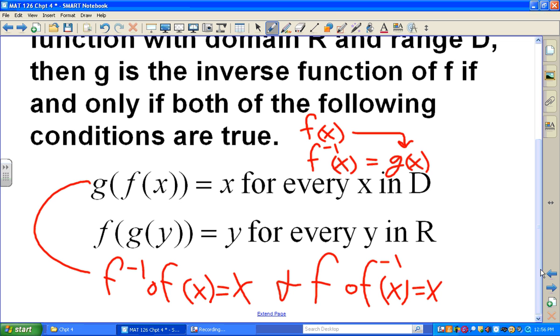Then it's an inverse. Guaranteed. If you have two equations and you're not sure if they're inverses of one another, you do composite arithmetic, and if you come out with x, then it's true. Both directions: one for the inverse, and one for the function.